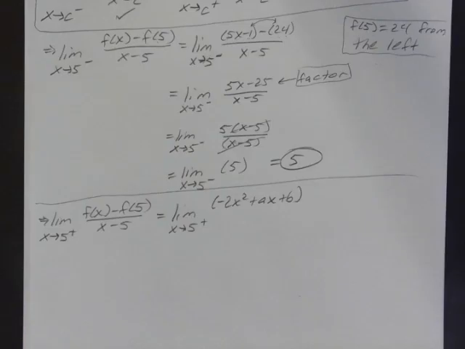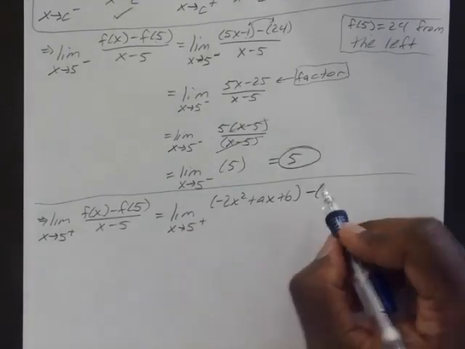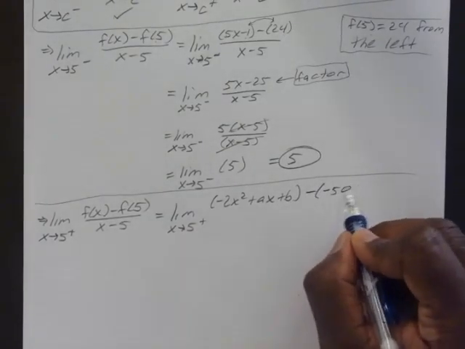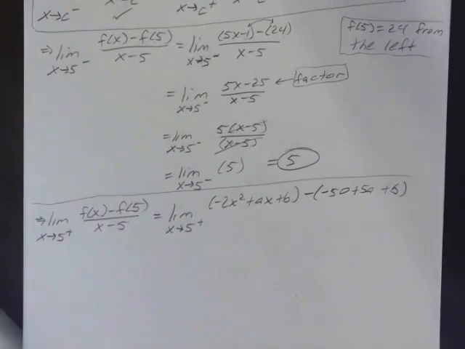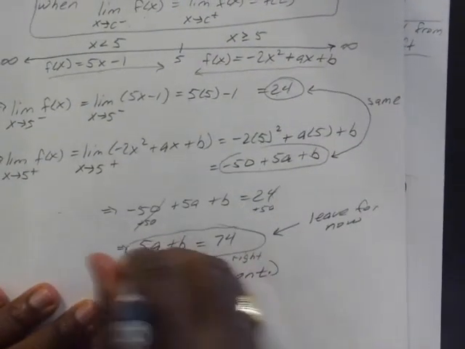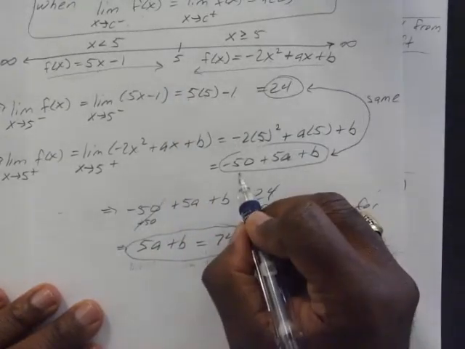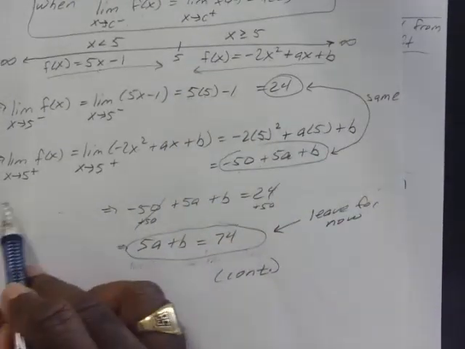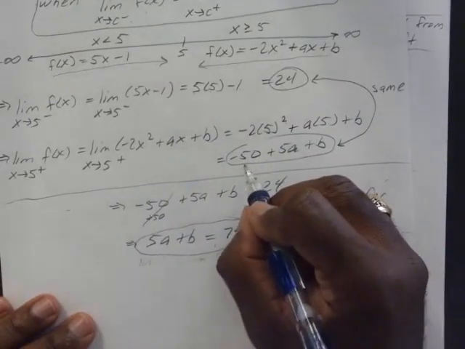Now, before we combine them, we had it just in the form of negative 50 plus 5a plus b. So actually, I'll make a correction. I meant to write it up under that one, so I do want to erase that and put that up here. So this is your limit from the right. I should have drawn a line, which is why I do that, just to avoid errors like that.